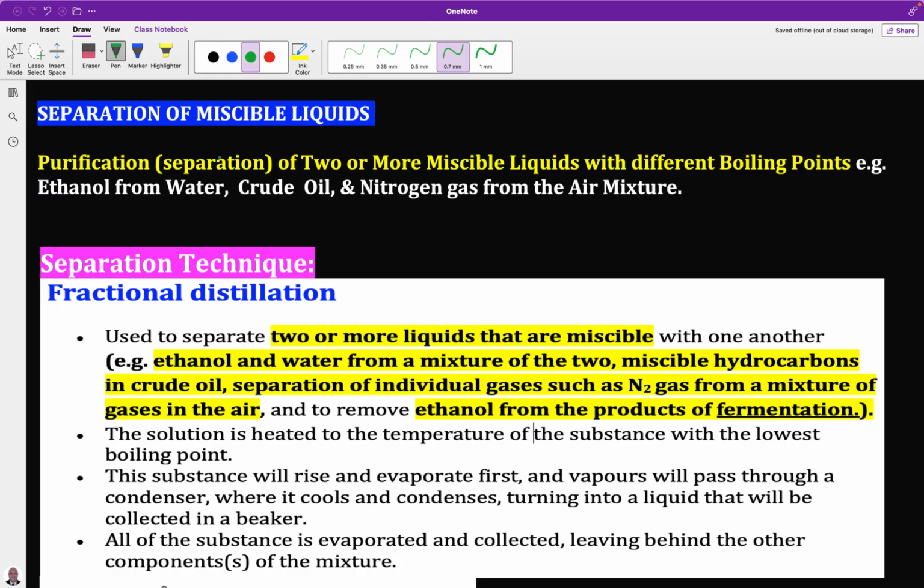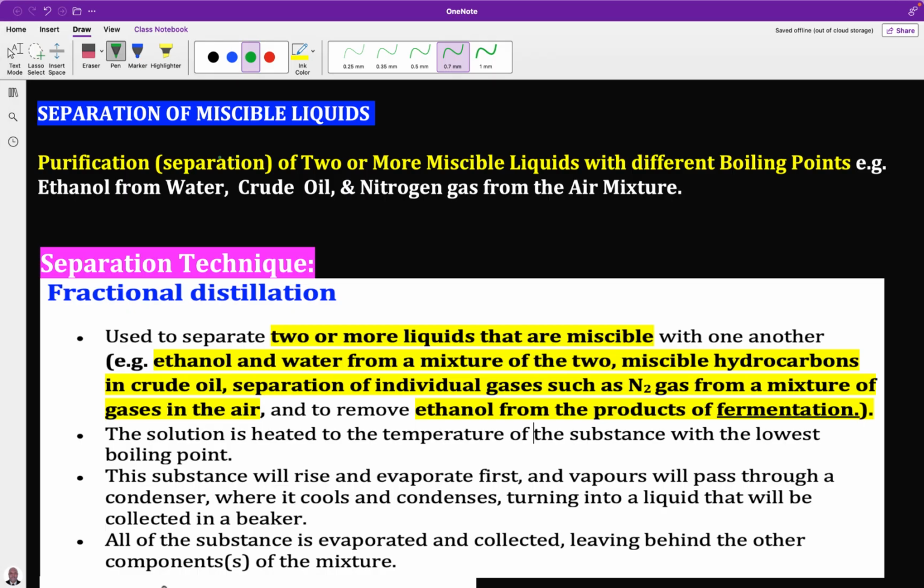Examples: ethanol from water, different hydrocarbons in crude oil, nitrogen gas from an air mixture. The technique usually used for these examples is fractional distillation. It has to do with temperature change. The property is the boiling point. So this method is used to separate 2 or more liquids that are miscible.